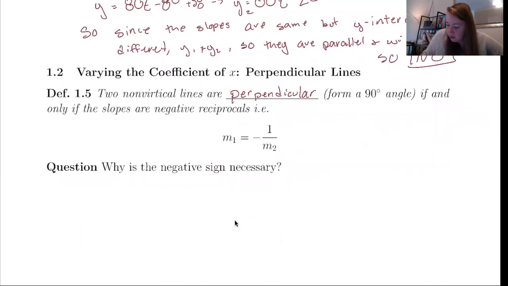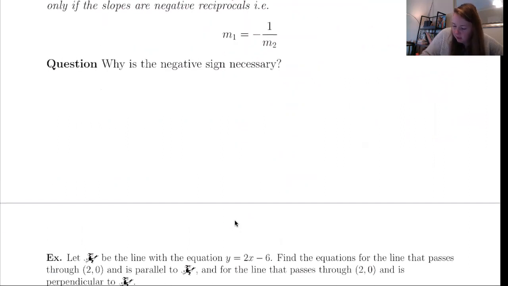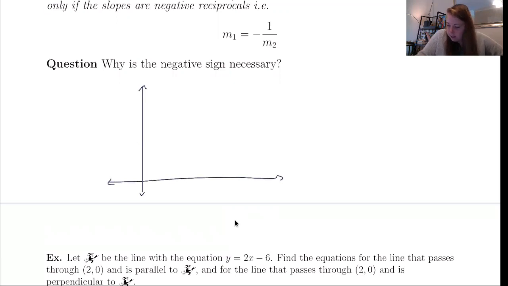So let's look at why isn't it just the reciprocal? Let's look at a slope of 1, really. So this is a slope of 1.